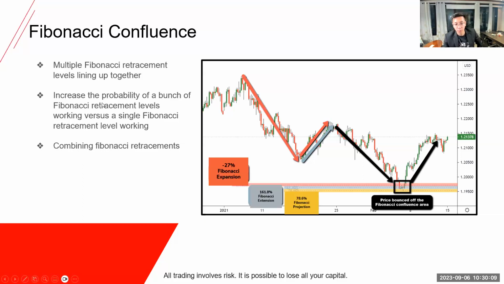This could increase the probability of a bunch of Fib retracement levels working, versus a single Fib retracement level working. You can combine these Fib retracement levels and you have your Fib confluence levels. That's why price actually bounced off the Fib confluence area when there were 3 confluences in this part.